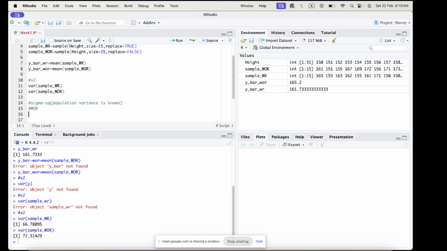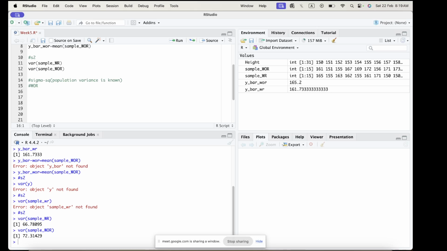Then the variance estimate of y bar WOR is actually (N minus n) by N into n, this quantity, into small s square, which is the variance of the sample.